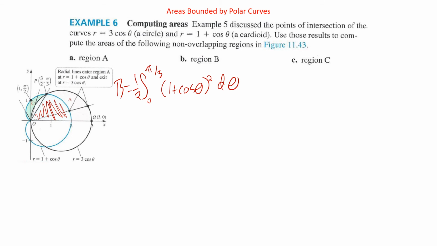We can square: 1/2 integral from 0 to pi over 3 of 1 plus 2 cosine theta plus cosine squared theta d theta. The cosine squared can once again turn into a 1 plus cosine of 2 theta over 2.